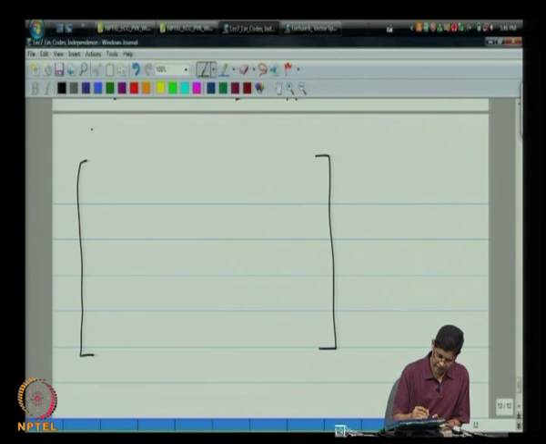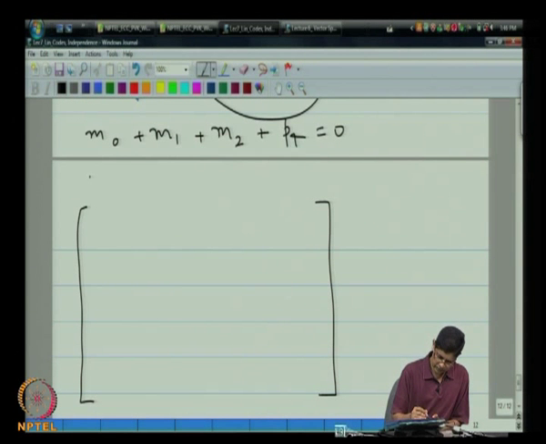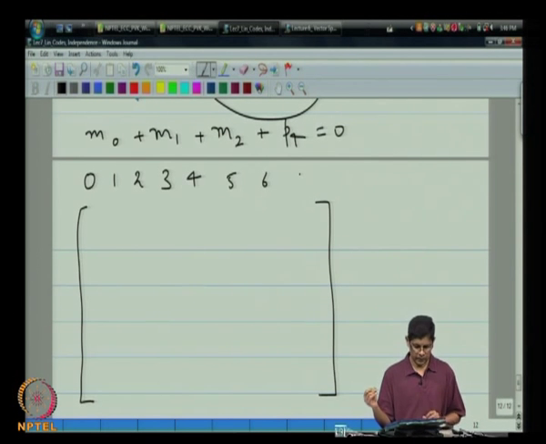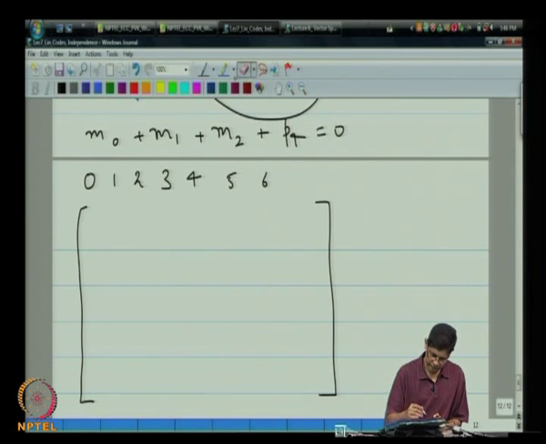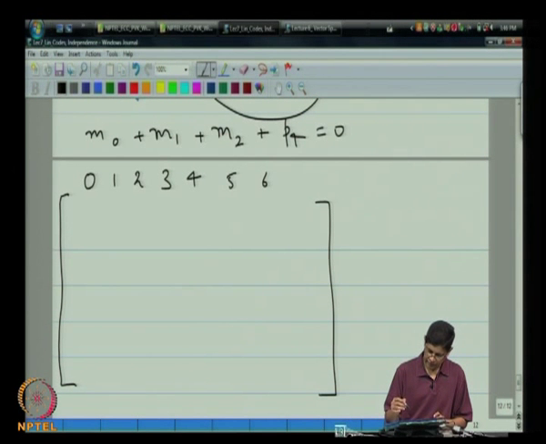So, let me just write down in symbols as placeholders for the coordinates. Right, so these are the 6 coordinates. And we have in all 3 parity check equations.